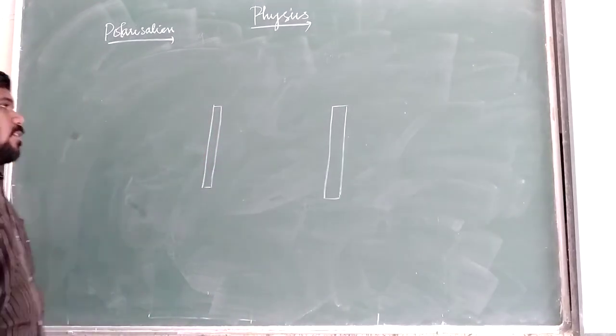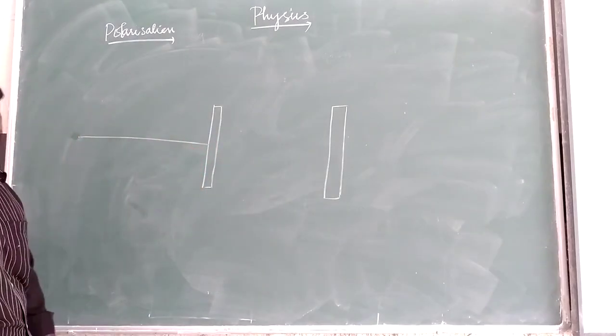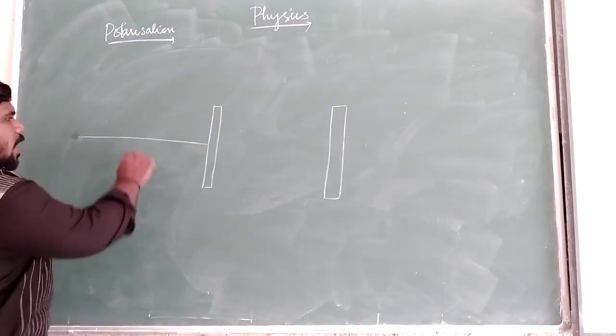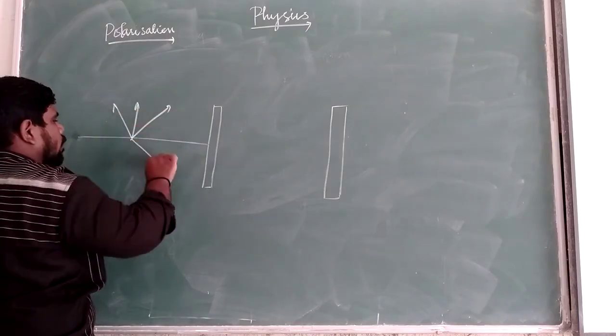Let us consider unpolarized light. If it is unpolarized, it vibrates in all directions.